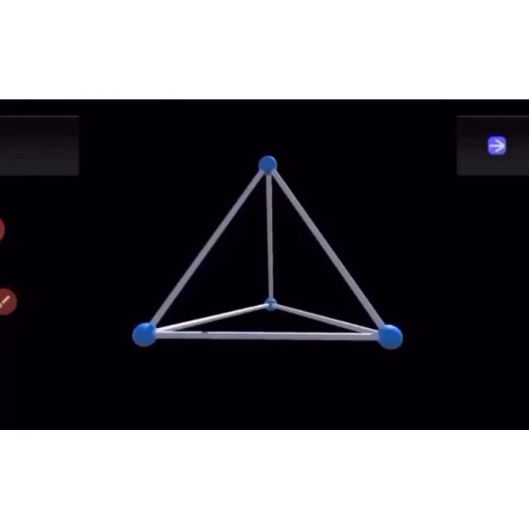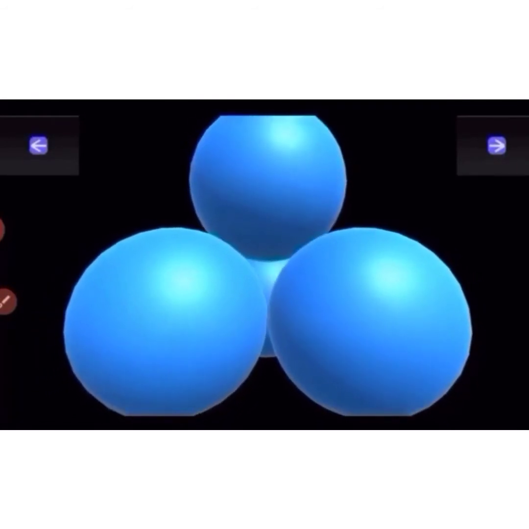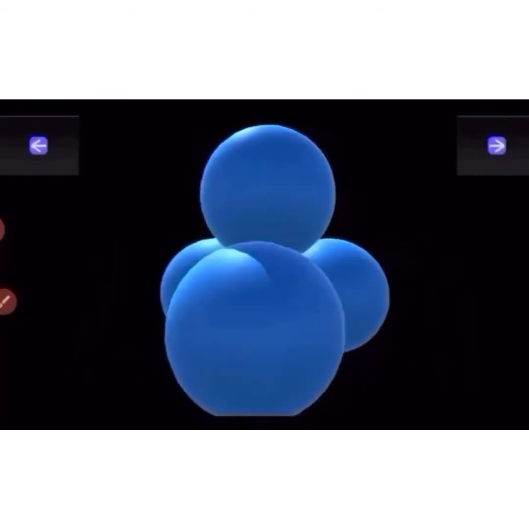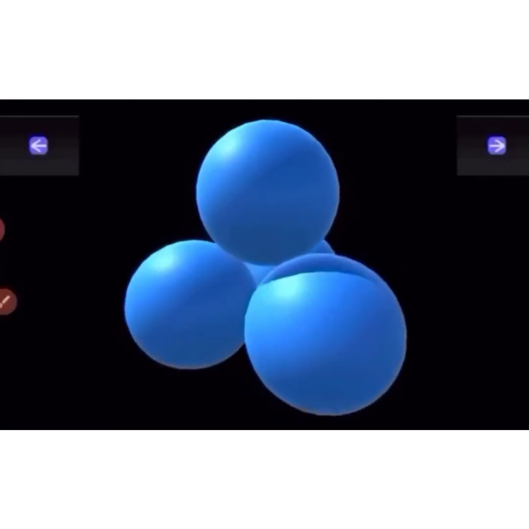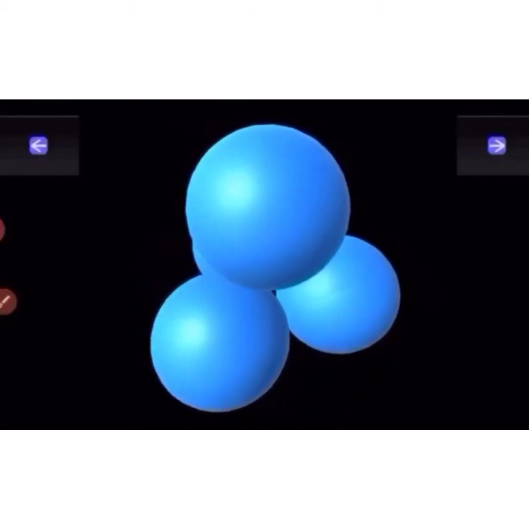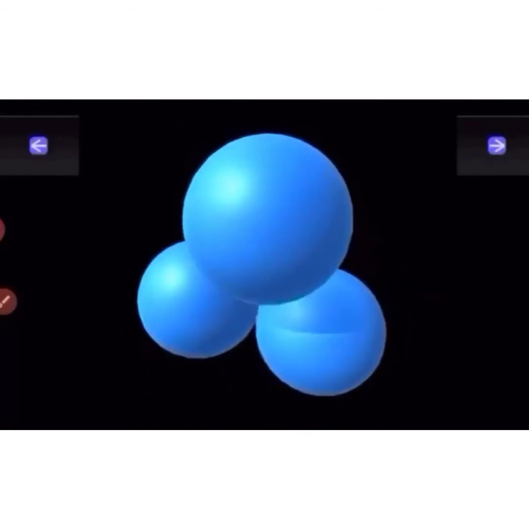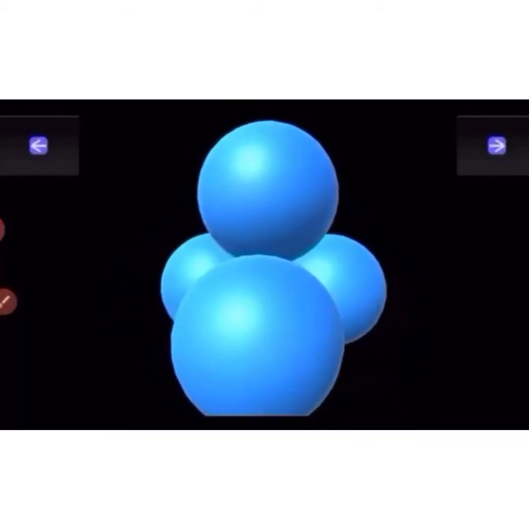In the figure, a tetrahedral void is shown. A regular tetrahedron formed when 4 spheres are arranged tetrahedrally is known as a tetrahedral void. Hence, when 4 spheres are arranged, the hole or the depression formed in between them is known as tetrahedral void. It is triangular in shape, but the arrangement is tetrahedral.